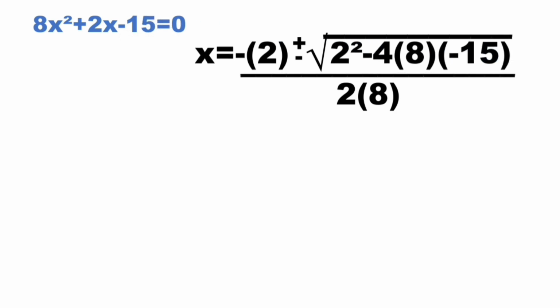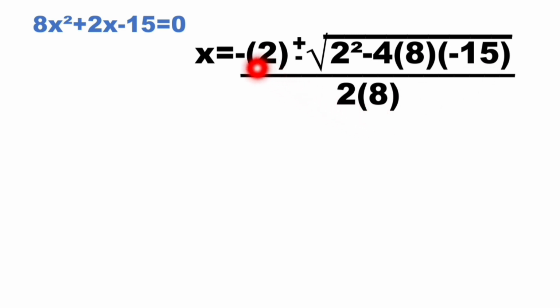So we have now x equals negative 2 plus or minus the square root of 2 squared minus 4 times 8 times negative 15, over 2 times 8.